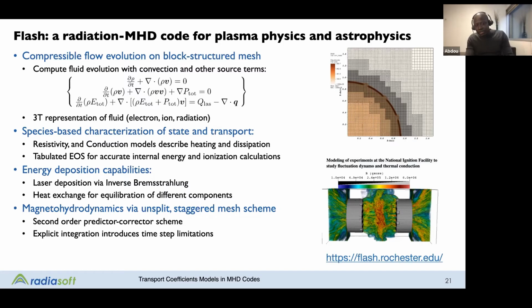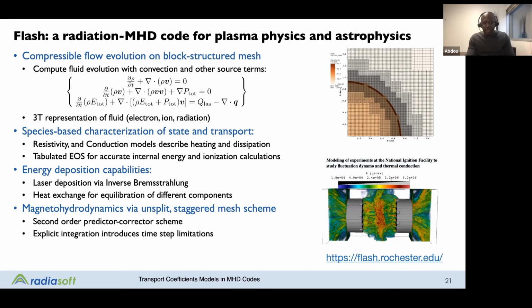In terms of energy deposition, you have a laser deposition that relies on inverse Bremsstrahlung, and it uses a laser tracer. So this can be quite expensive sometimes, but it's very accurate.